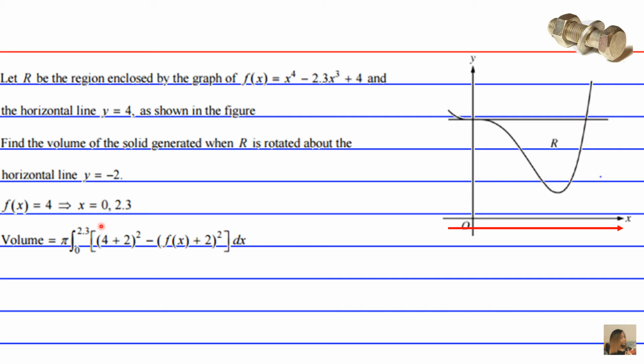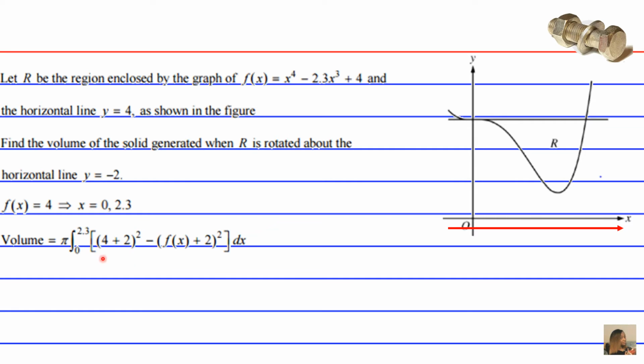So again, the outer radius is going to be 4, because of the line y equals 4 that you revolve around, and the bound of the inner radius is -2. So when you subtract the -2, you get +2. So it's going to be 6 squared.